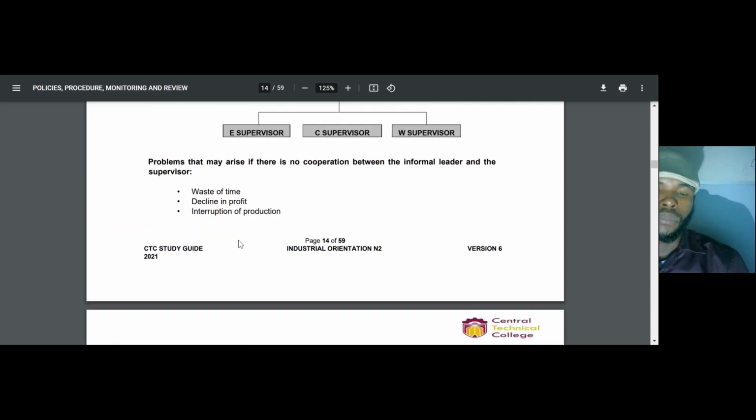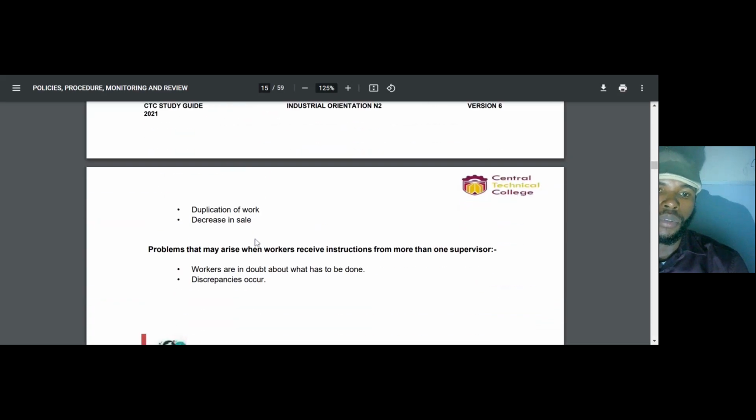Maybe there's no cooperation between them. Again, there'll be duplication of work and a decrease in sales as well.